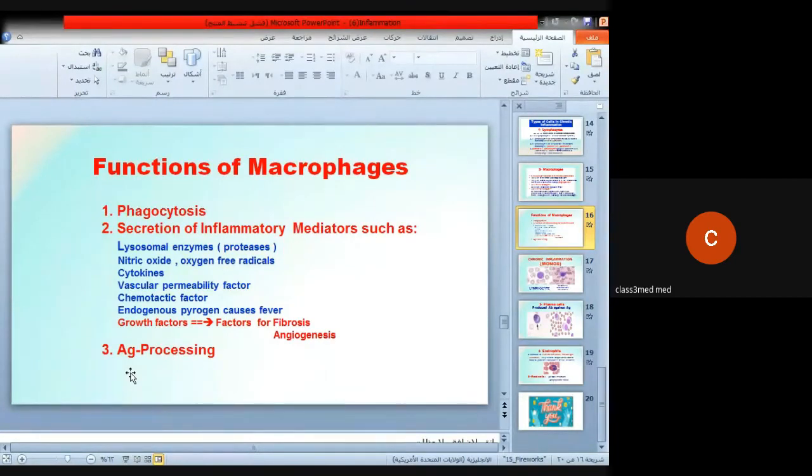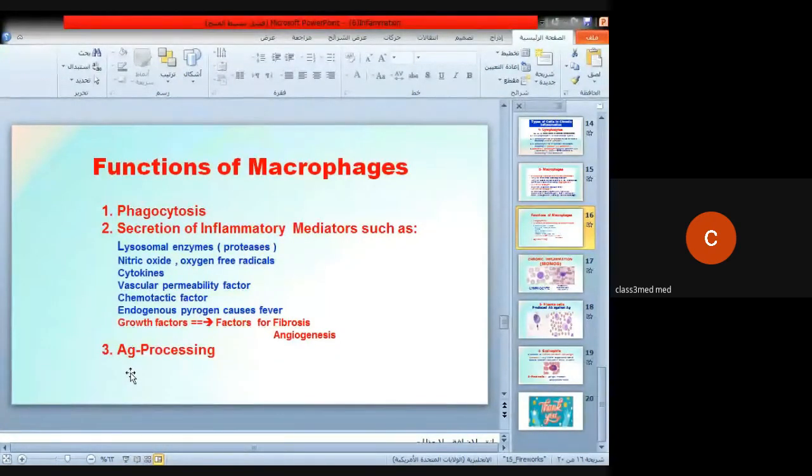So the function of macrophages in chronic inflammation is different from acute inflammation. In acute inflammation, macrophages appear after 24 to 48 hours, after two days or more. What is their function? Scavenger cell, a powerful scavenger cell.